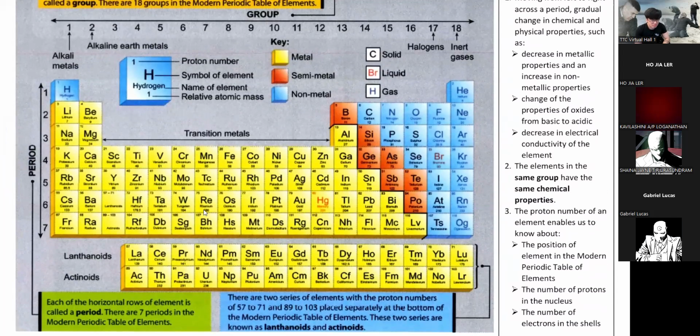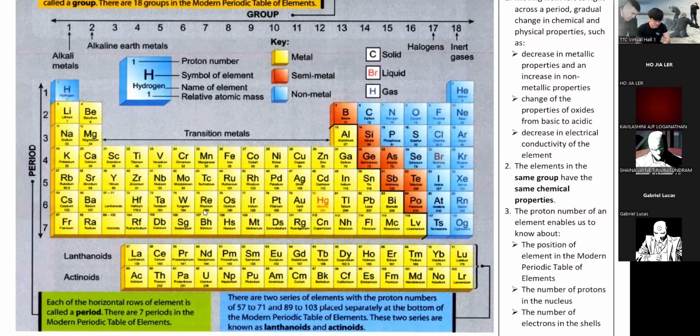You don't memorize this. You just need to know where your metal is, and where your non-metal is. And there's one here, don't forget, hydrogen. The red ones in the middle are what we call semi-metal.